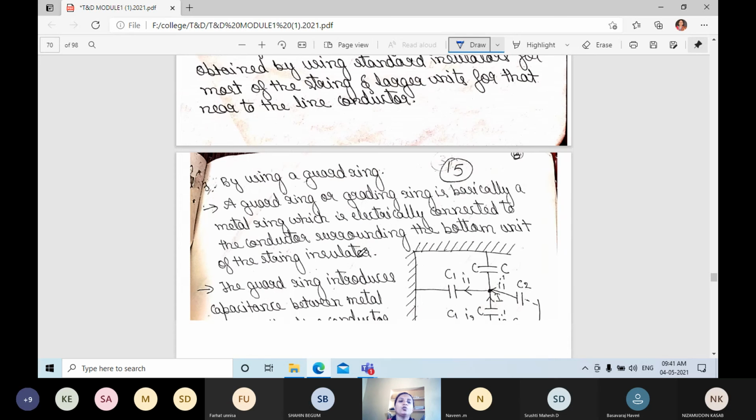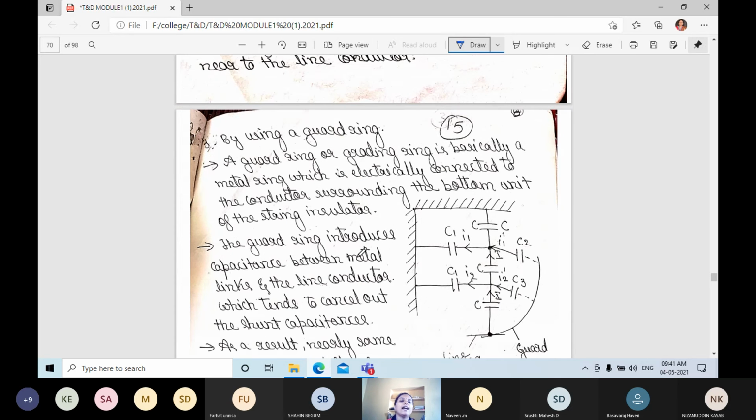Next, by using a guard ring. A guard ring or a grading ring is basically a metal ring which is electrically connected to the conductor.